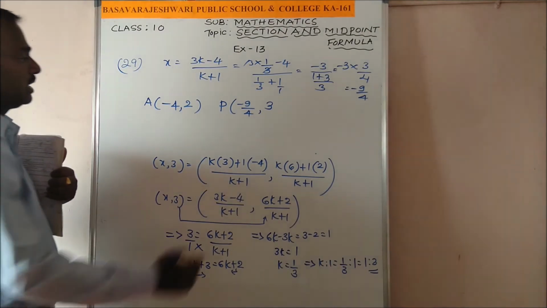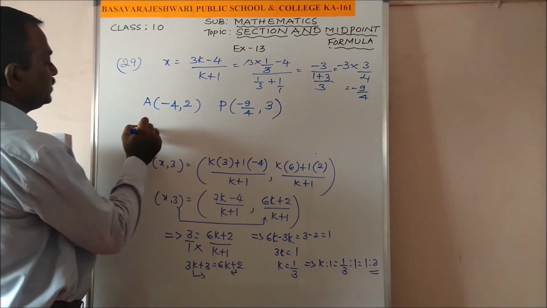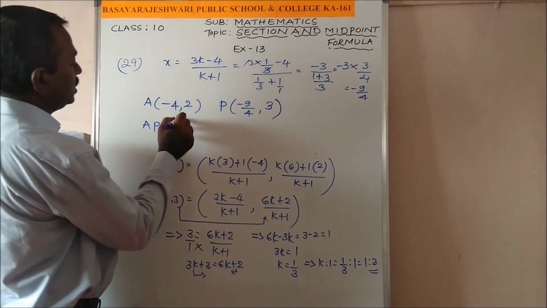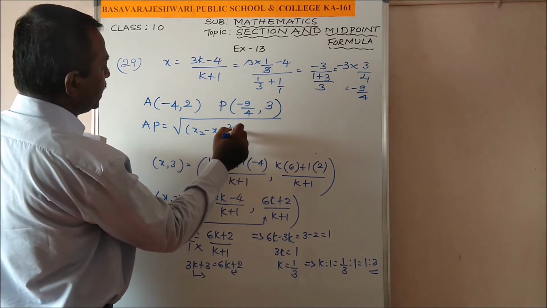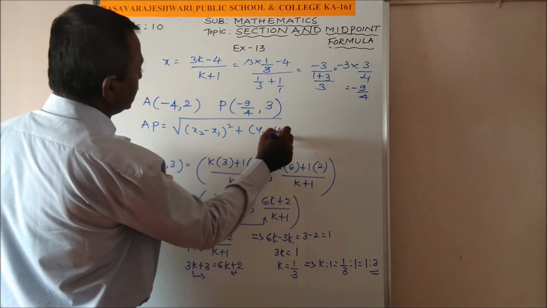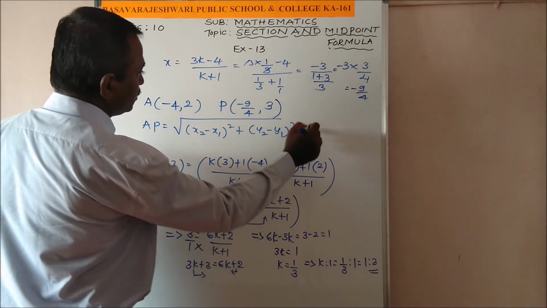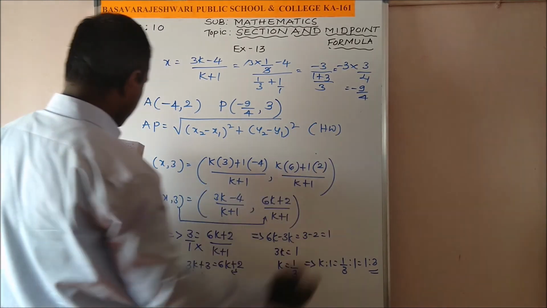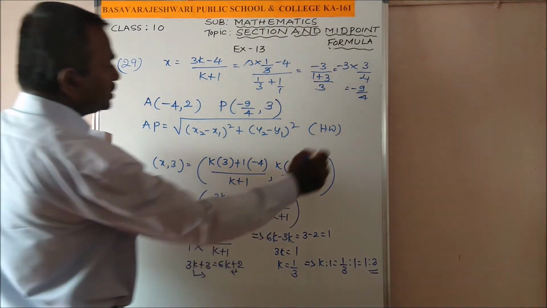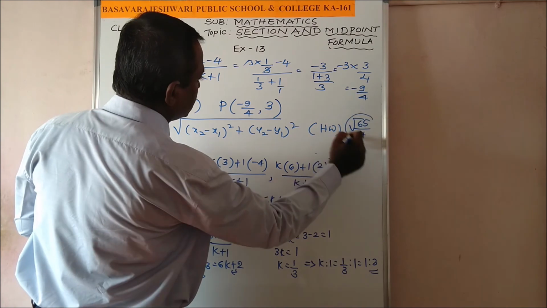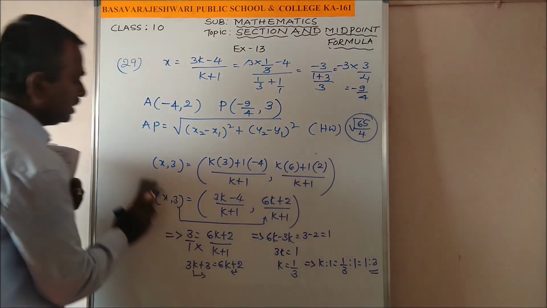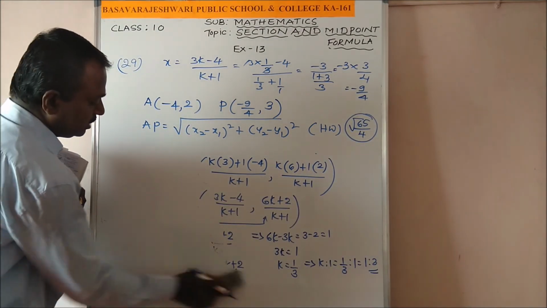Okay? So can you find out the length of this using the formula, root of (x2 minus x1) whole square plus (y2 minus y1) whole square. So this is homework for you. You should get root 65 by 4 as the answer. This is the answer you have to get. Okay? You solve it at home.